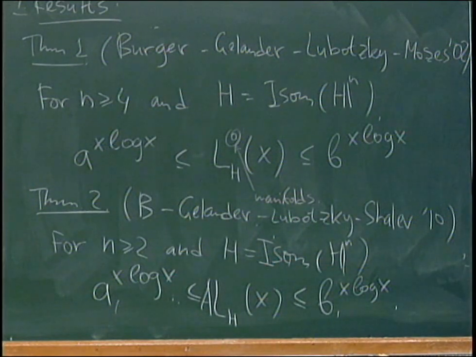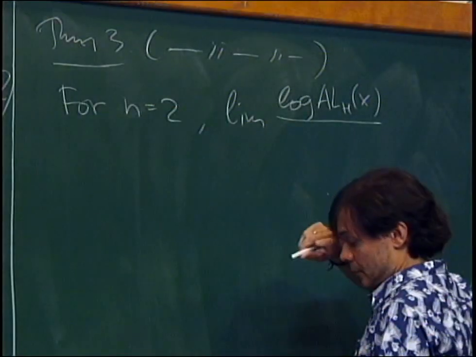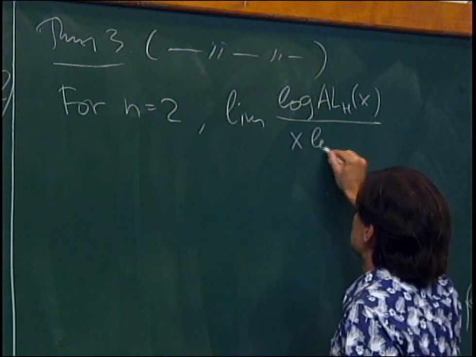What we were able to prove, and this was the hardest theorem of this paper, is that for dimension 2, we have the limit of the logarithm of this quantity divided by x log x, when x goes to infinity.